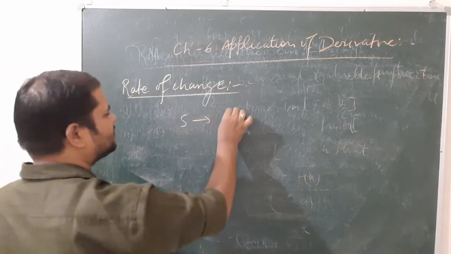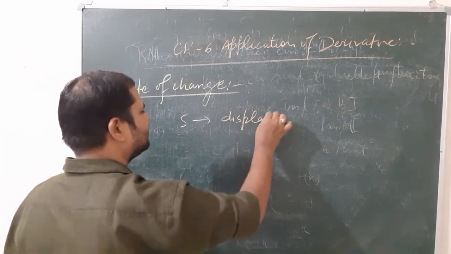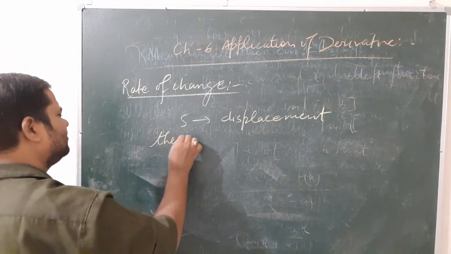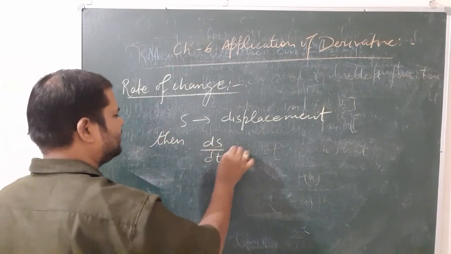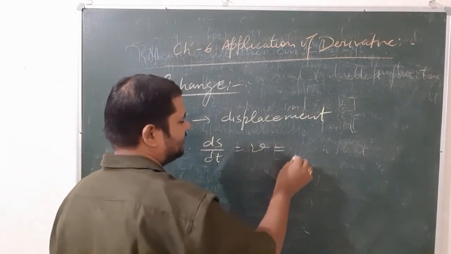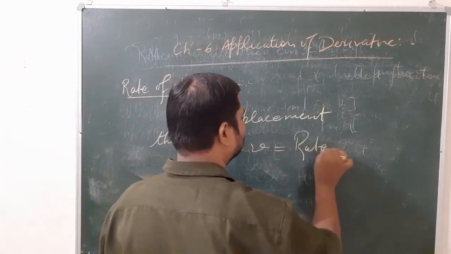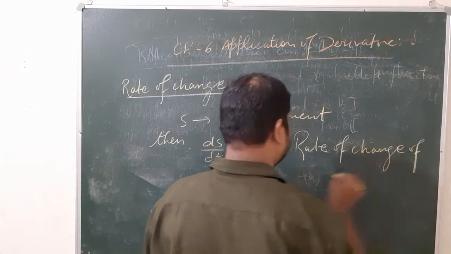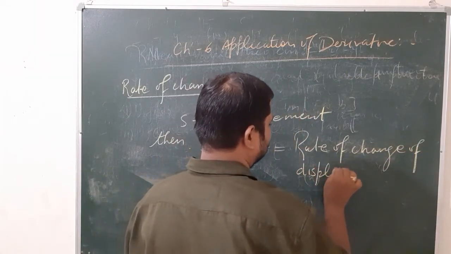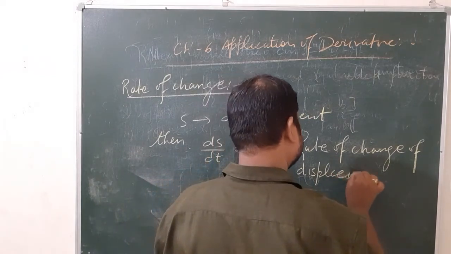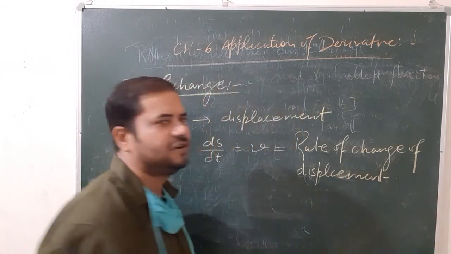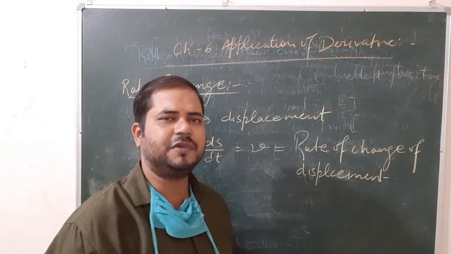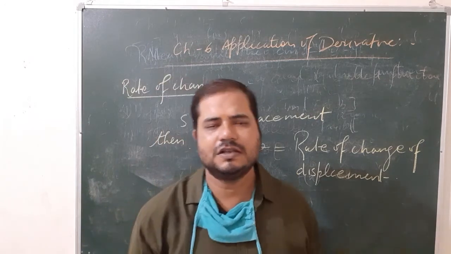Suppose s is displacement, then ds upon dt is the velocity, and this is nothing but the rate of change of displacement. And as you know, we had already discussed some questions based on this rate of change of quantities.